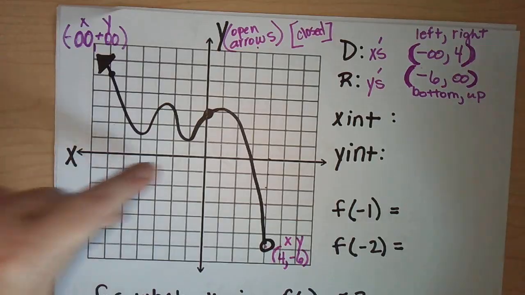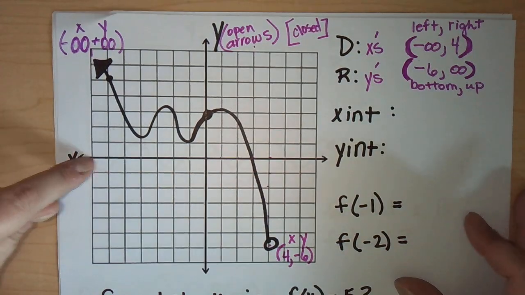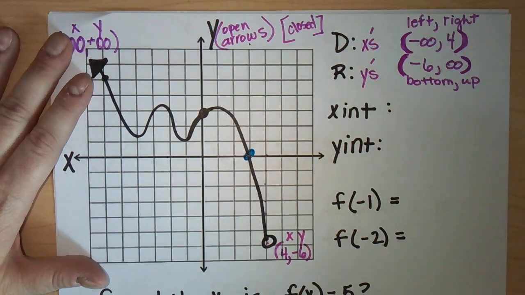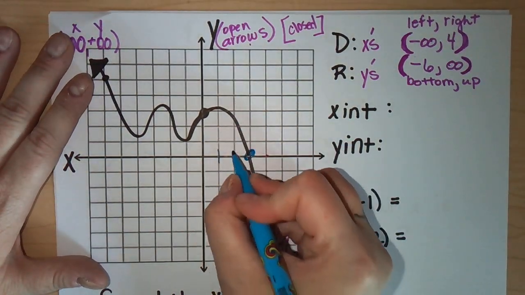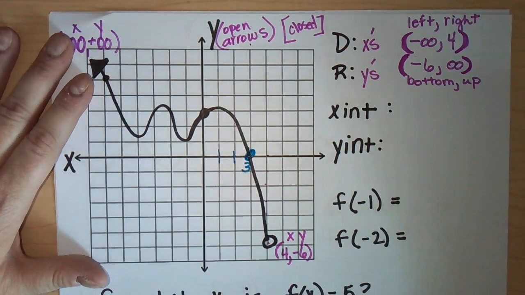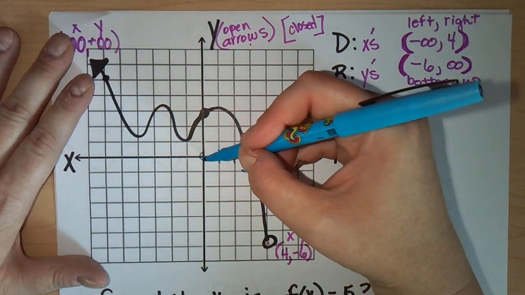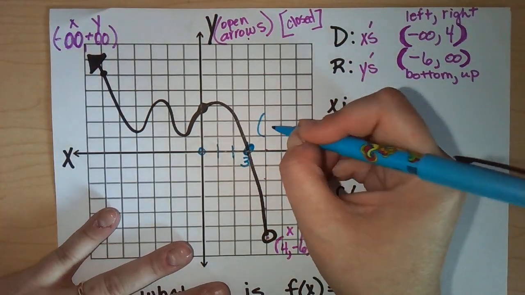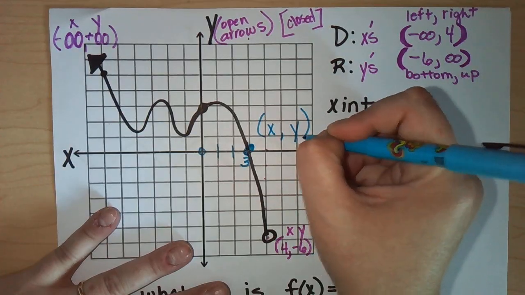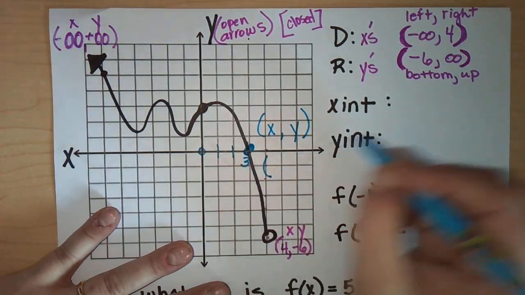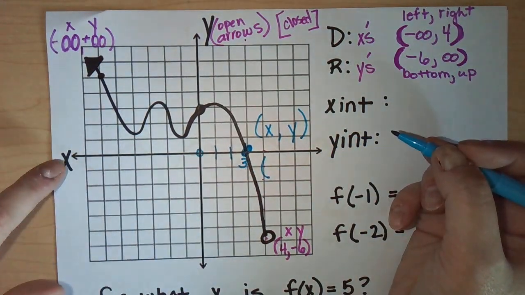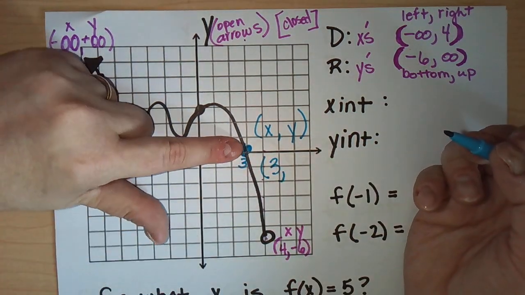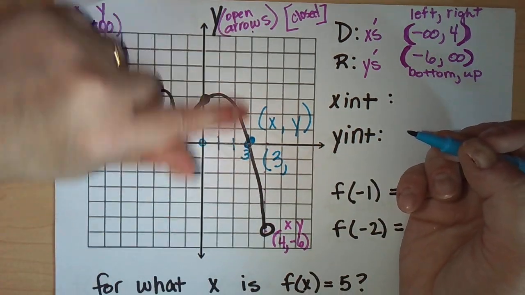X-intercepts, that's where we touch the x-axis. My x-axis is this side to side, and I'm touching right here. Let's see how far we had to go over. 3. Okay, and let's remember that 0 is right in the middle. So my XY point is 3 on the X axis, so 3. And then Y, I didn't go up or down.